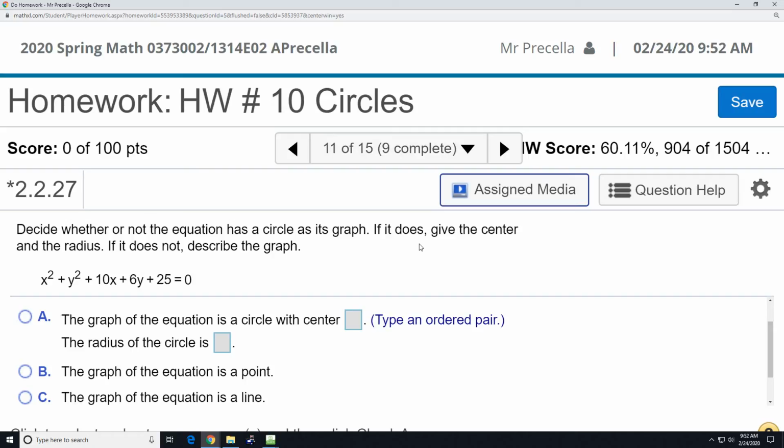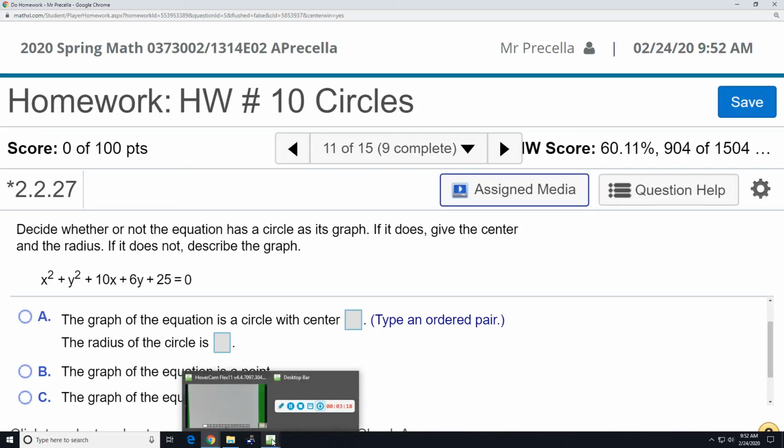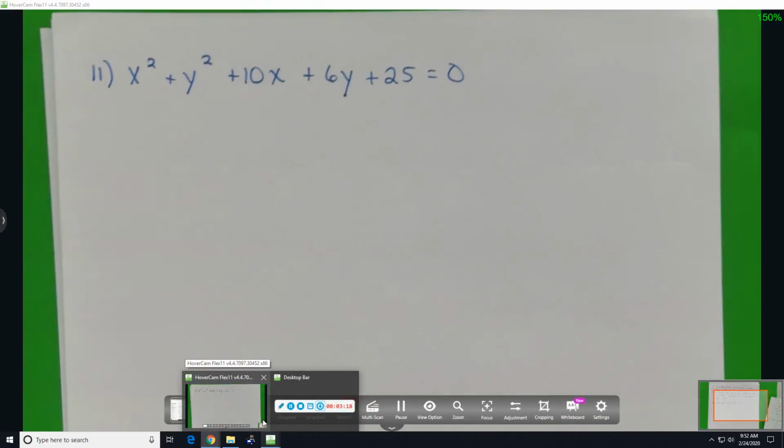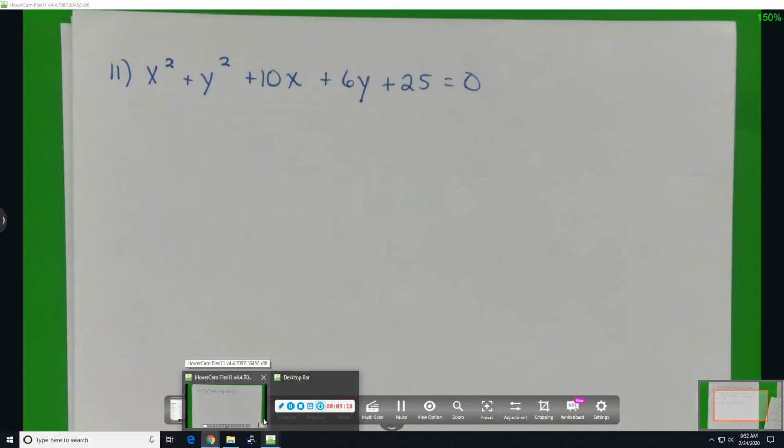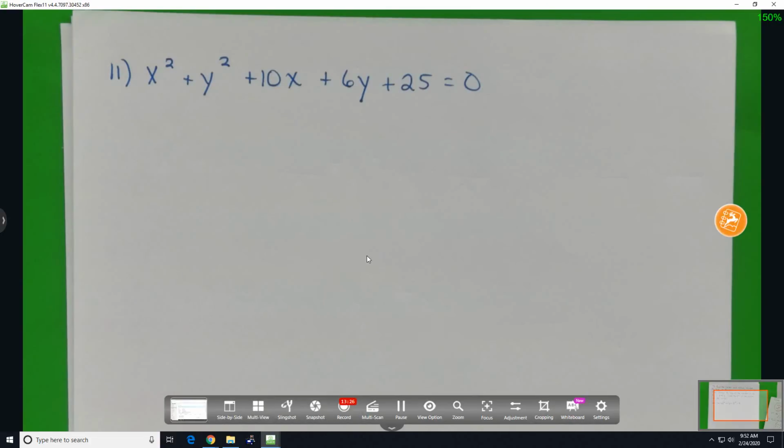We had to divide through by, what was it, 5? Okay, so we're going to go through those same steps.